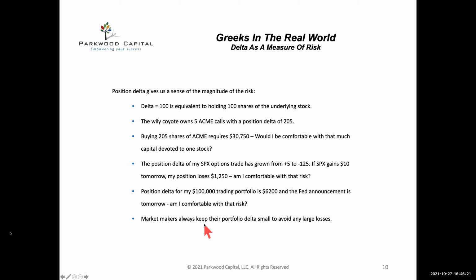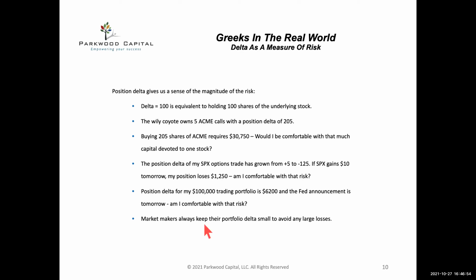Now, market makers always watch delta of their entire portfolio of options because that tells them how much risk they have. If tomorrow morning, let's say they're making a market in Google, if Google opens up, spikes up tomorrow morning by $50, $100, they don't want to have a huge loss or have a large gain. They want to have their portfolio delta close to zero.